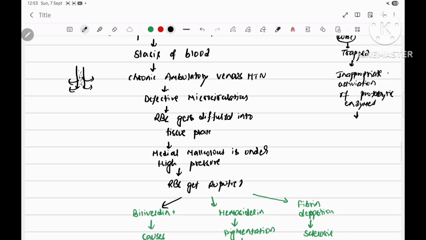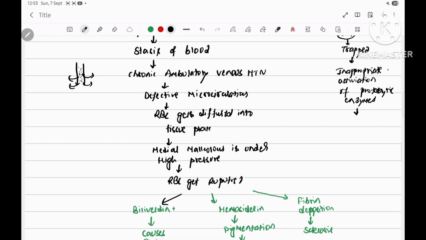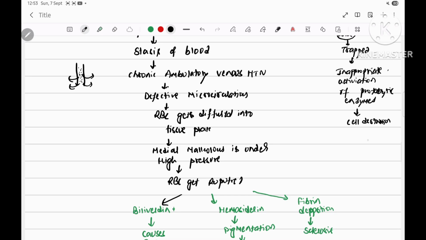When these proteolytic enzymes get activated, it causes cell destruction. And finally, what happens? There is fibrin deposition, tissue death, and scarring.